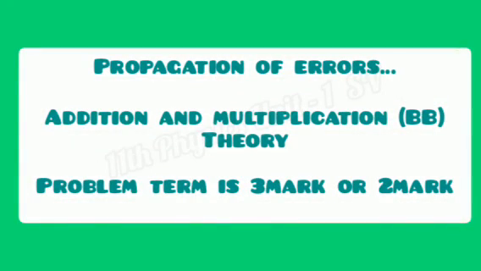Propagation of error is an important topic, and any two subtopics are asked in 5 marks questions. Addition and multiplication are in your book back questions and sometimes asked in 3 marks, compulsory 3 marks or 2 marks, any one part or two parts. Sometimes error in power is asked in 2 marks, and it is very important.